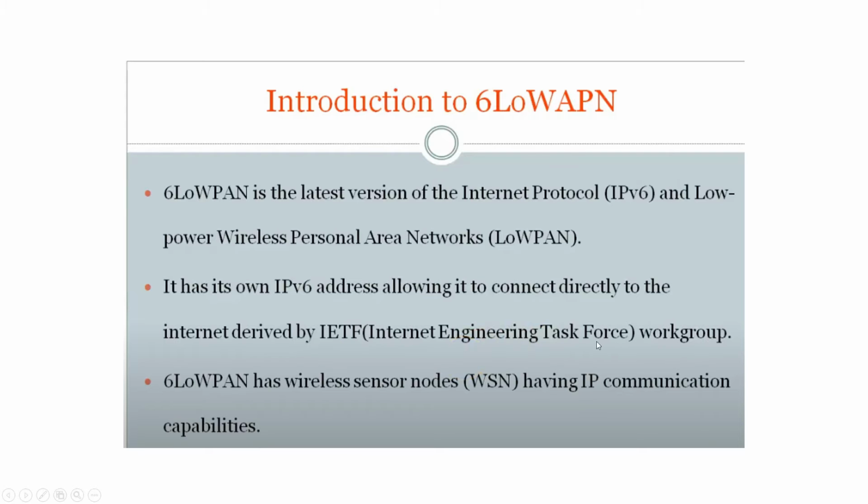The first one to design and develop this was the Internet Engineering Task Force, okay. They integrated IPv6 with LoWPAN and gave us the 6LoWPAN technology, okay. So they have given 6LoWPAN as wireless sensor nodes having IP communication capability. Is it clear? So we'll have a number of devices establishing a wireless sensor network, and this wireless sensor network has the capability of IP communication, okay?